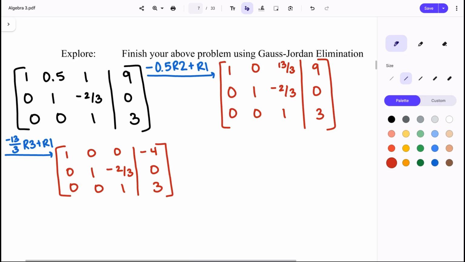Did we miss something? Can I see your calculator real quick? That's okay. Did you get 5 on the top? Yeah. Okay.